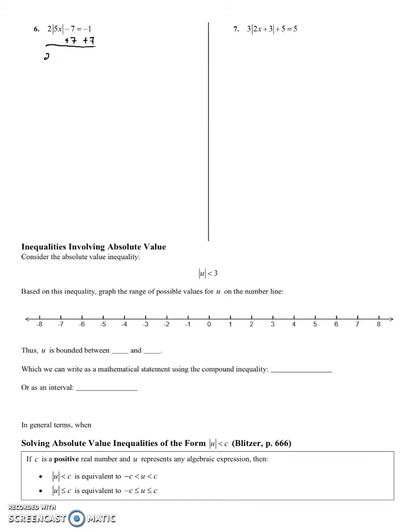That gives us 2 times the absolute value of 5x equals positive 6. Now we need to divide both sides by the 2 so that the absolute value of 5x equals 3. So this part was isolating the absolute value.